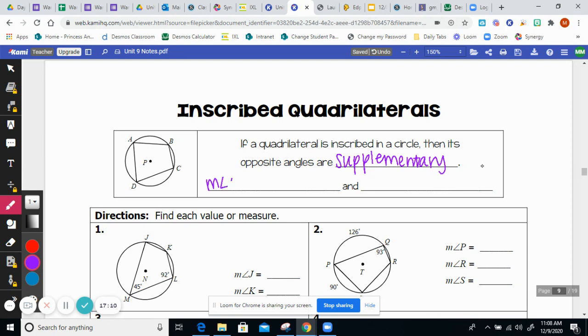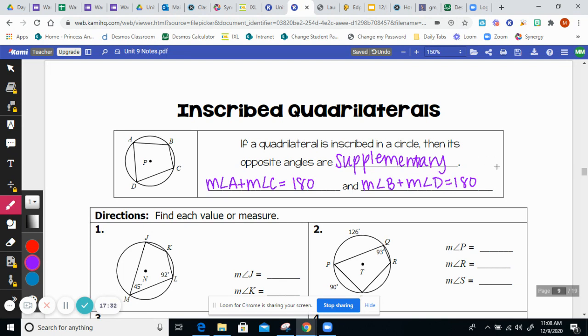That means that the measure of angle A plus the measure of angle C is going to equal 180. And then the measure of angle B plus the measure of angle D will also equal 180. So remember, our opposite angles are going to be supplementary.